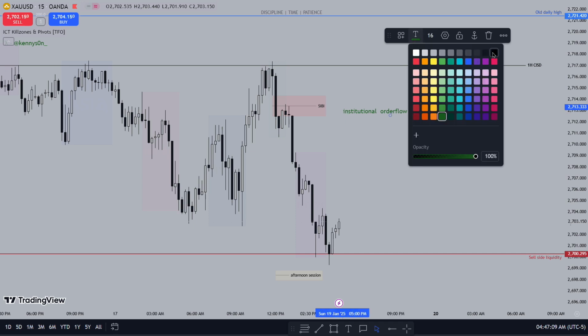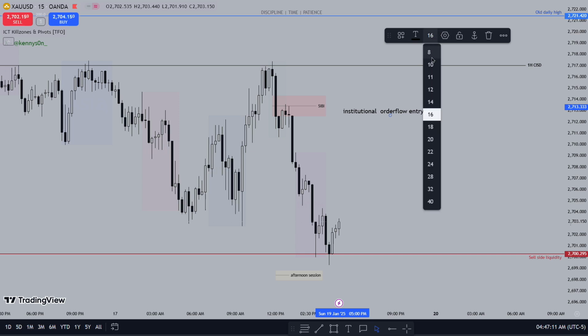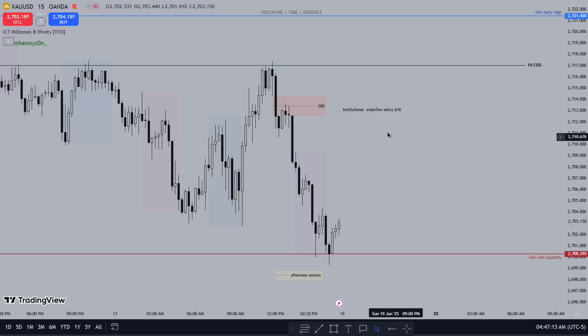I'm not going to be teaching ICT concepts on my channel because no one can teach them better than him. He created them. But yeah, you treat this fair value gap, this CB, as an institutional order flow entry. You enter off it and target this low and this low.